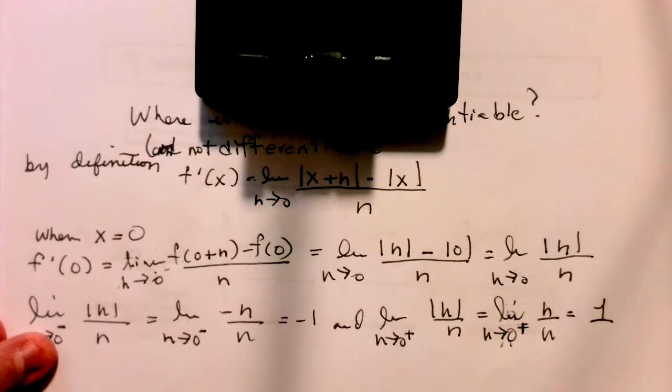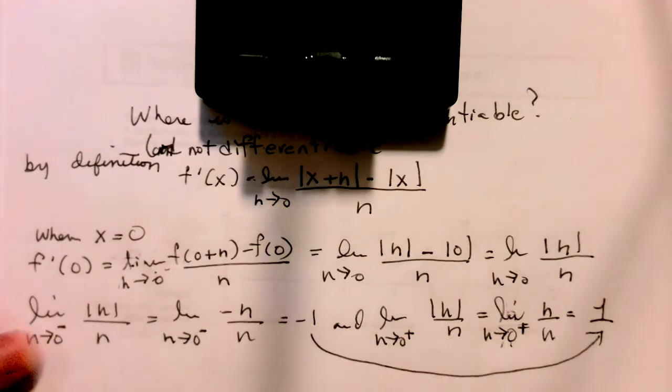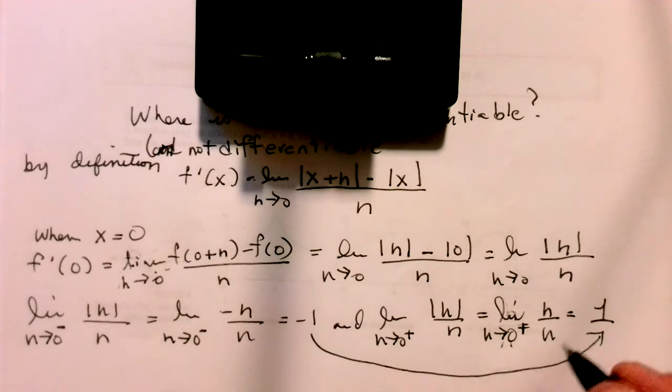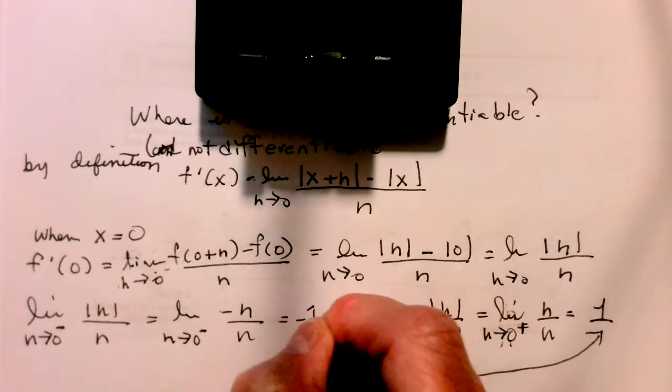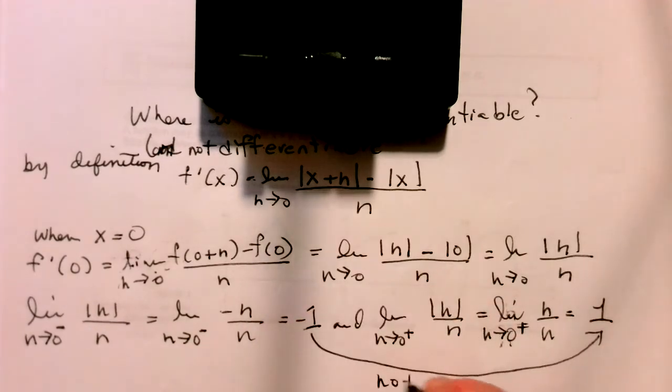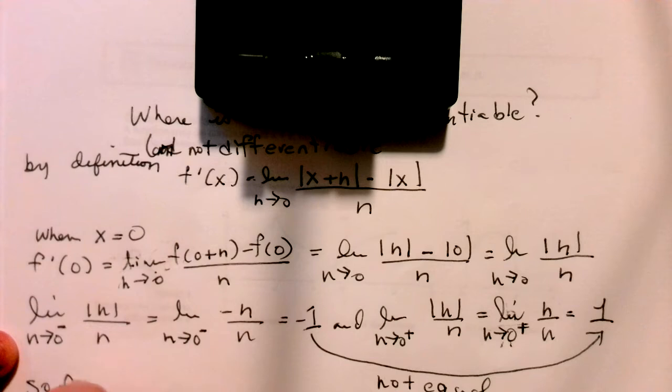Okay, so notice this. When h is coming in from the left of 0, we get minus 1. When h is coming in to the right of 0, we get 1. And these two are not equal. So that means that f prime at 0 does not exist because the limit doesn't exist.